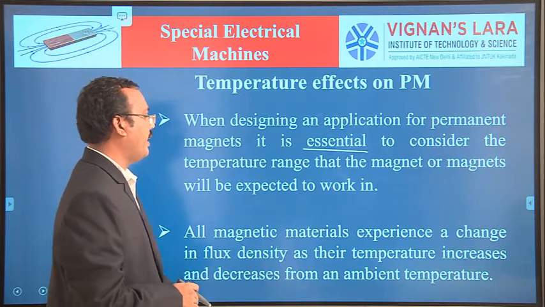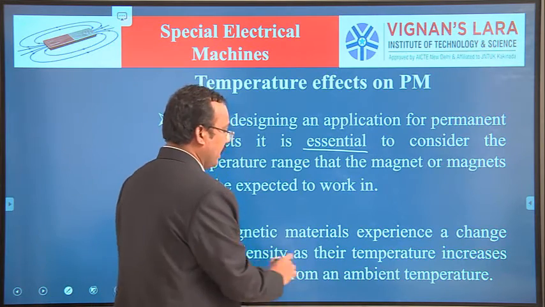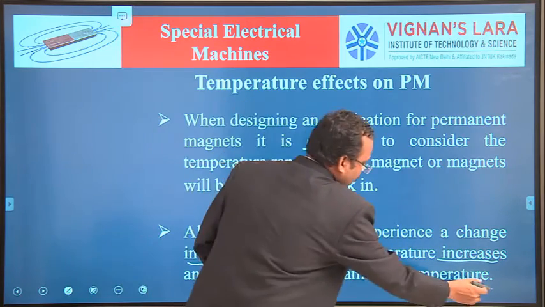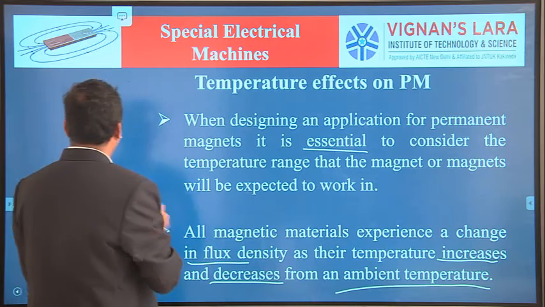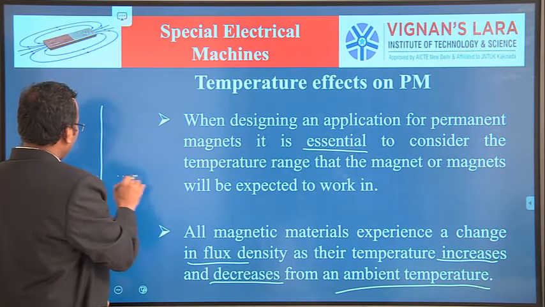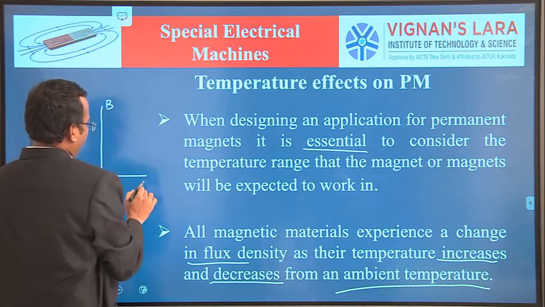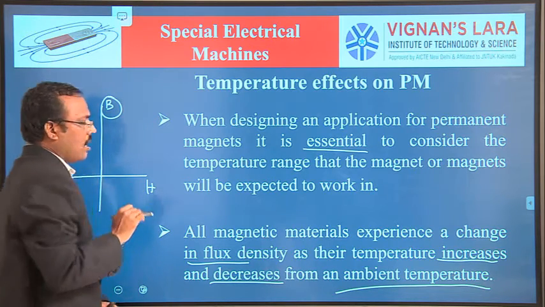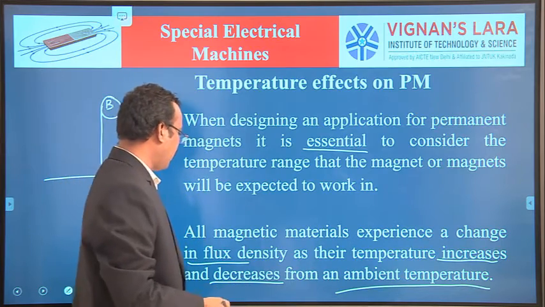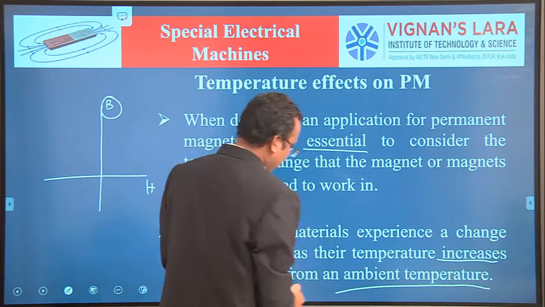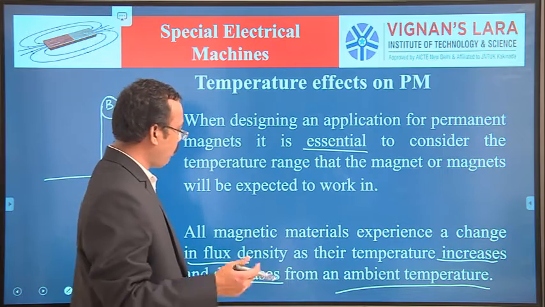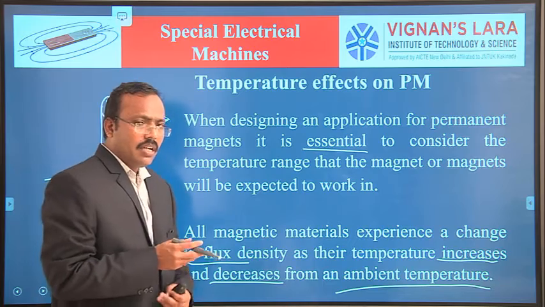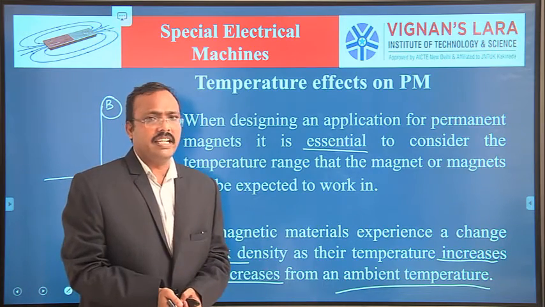All magnet materials experience changes in flux density as the temperature increases or decreases from ambient temperature. We have the flux density and the magnetizing force. This flux density may increase or decrease depending on the temperature. Sometimes when the temperature of a magnetic material increases, the flux density decreases.